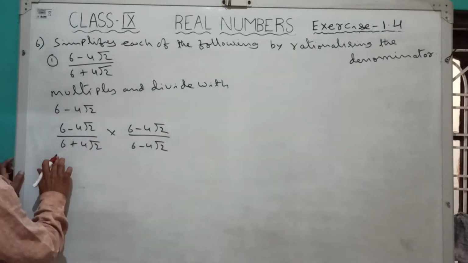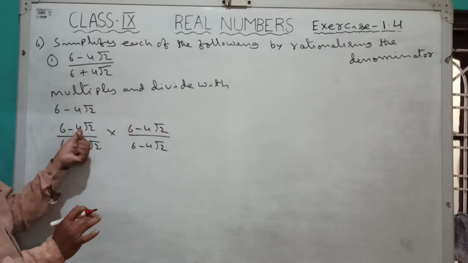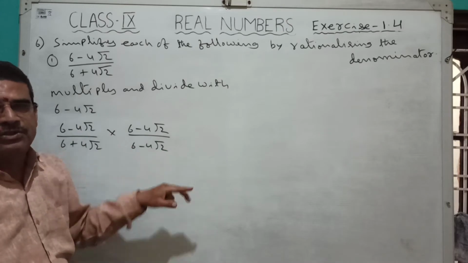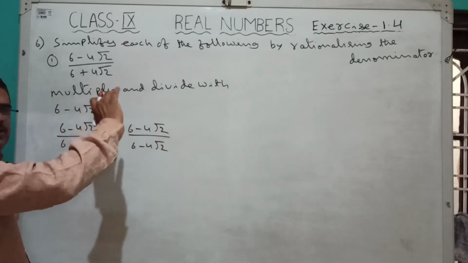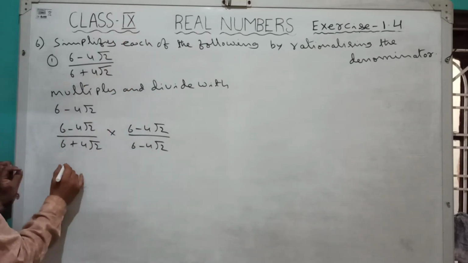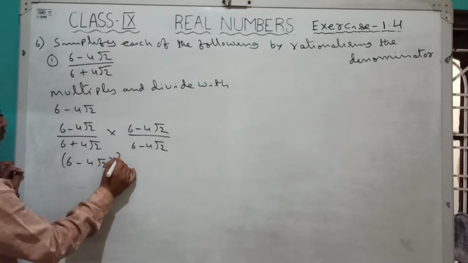Here, a minus b into a minus b is there in the numerator, so I will write (a minus b) whole square.